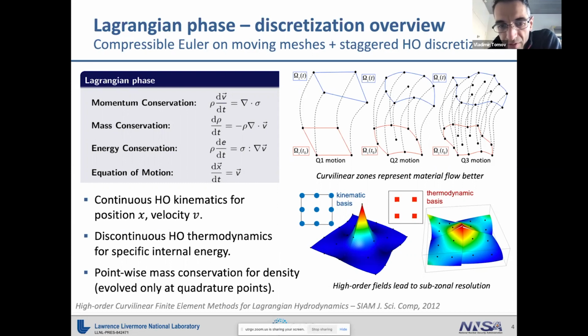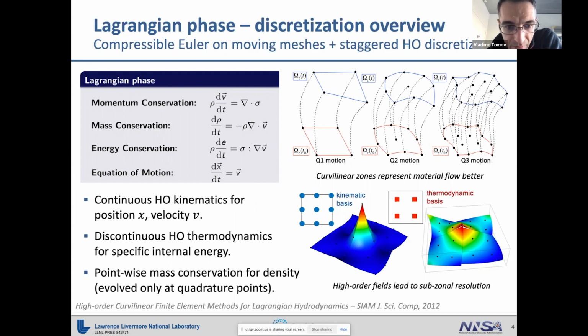And the density rho. For density rho, actually, there is no finite element space. It's only evolved at the quadrature points, and you can do this because there is this notion of pointwise mass conservation. It means that the mass of every cell stays constant.